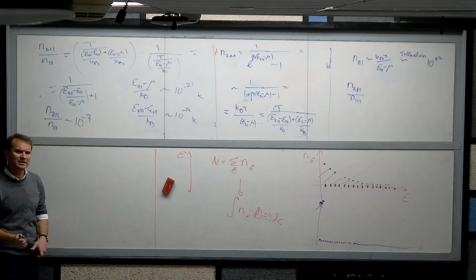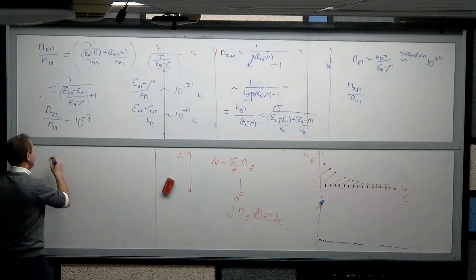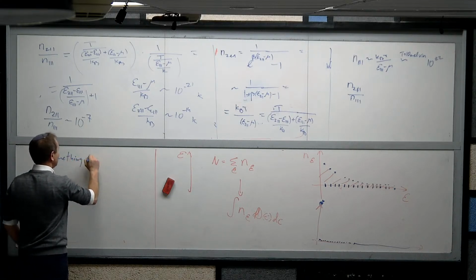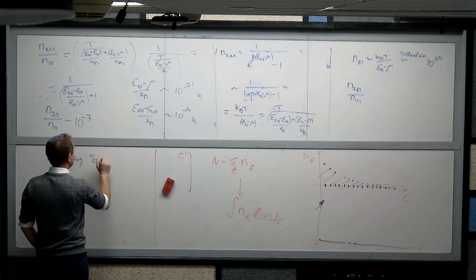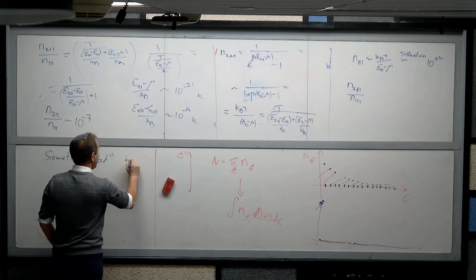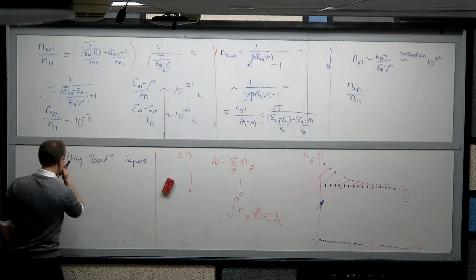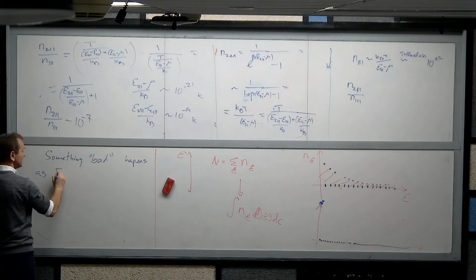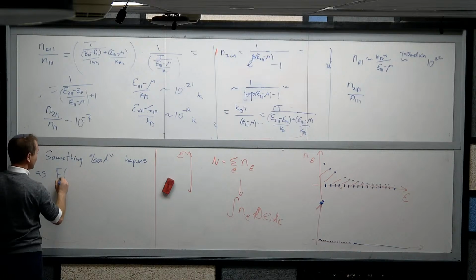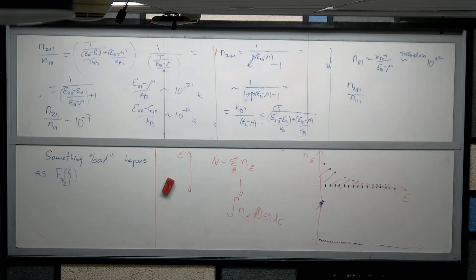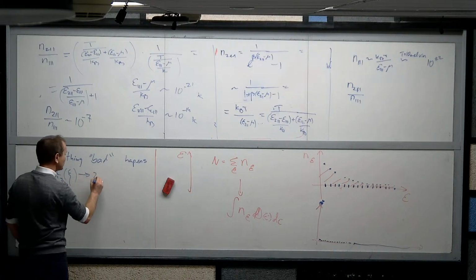Now, where exactly is it going to happen? Something bad happens as f of 3/2 of this fugacity goes toward 2.61.